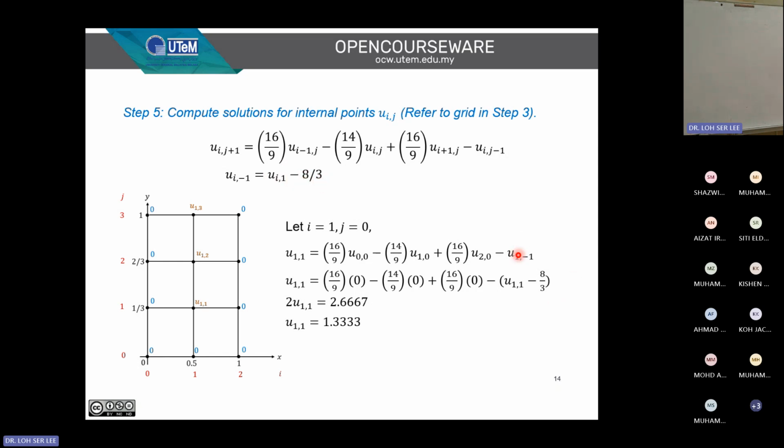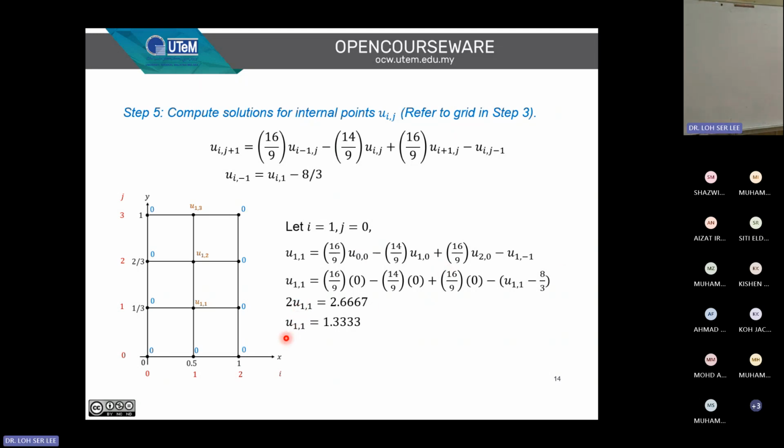So you substitute this one by u_{1,1} minus 8/3. And this u_{1,1}, we know that it is the same as this one, right? So when you open this bracket, bring this minus u_{1,1} to the left. That means you have a plus. u_{1,1} plus u_{1,1}, you get 2u_{1,1}. And for the rest of the values, you just combine.